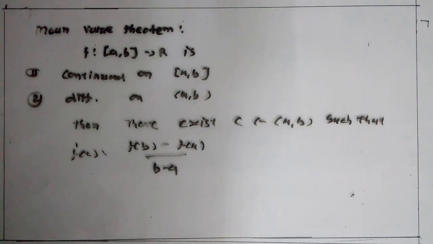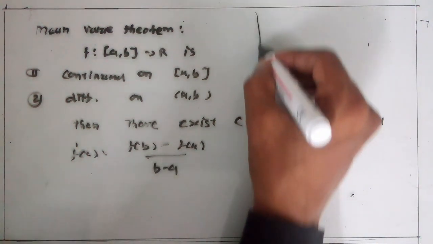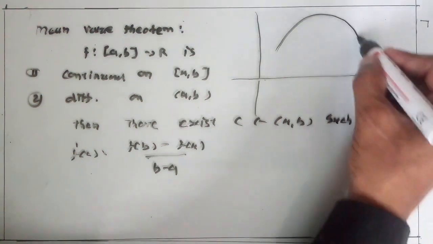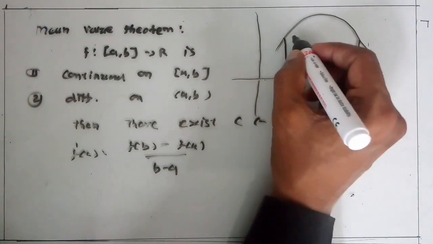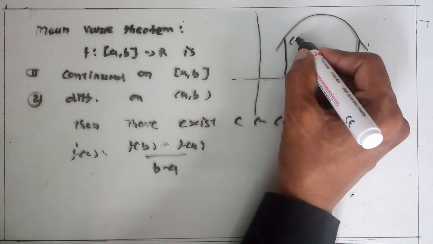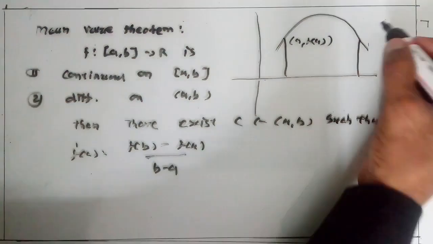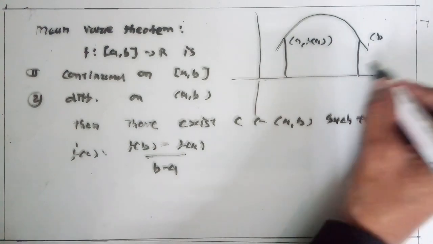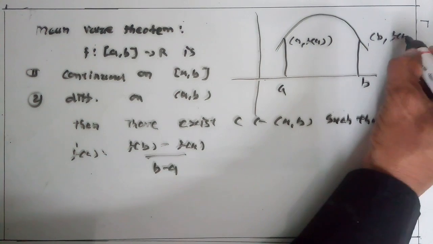Now the geometric meaning of the mean value theorem. Here f(a) and f(b) are both y coordinates of points: x coordinate a, then y coordinate f(a) for this function; x coordinate b, then y coordinate becomes f(b).